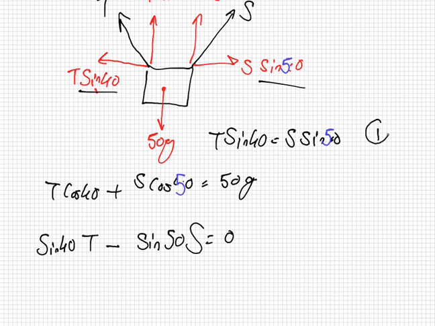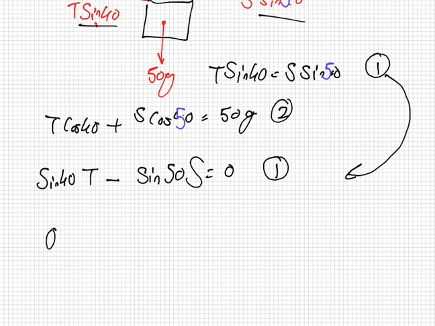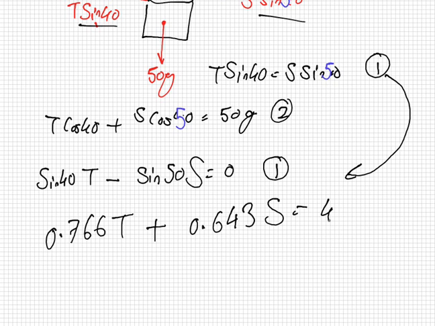So this is my first equation, this is my second equation. I just rewrote that first equation down here equal to 0. Now let me just put in the numbers. Cos 40 is 0.766T plus cos 50, 0.643S equals 50g, which is 490.5.